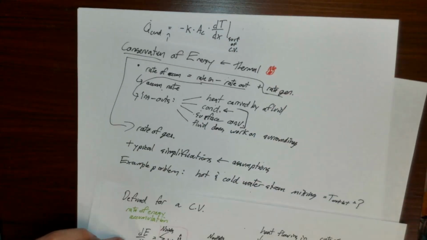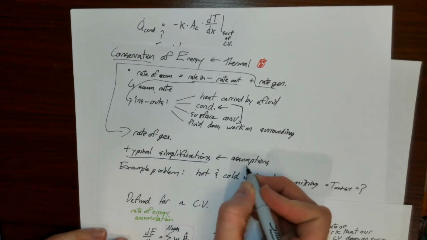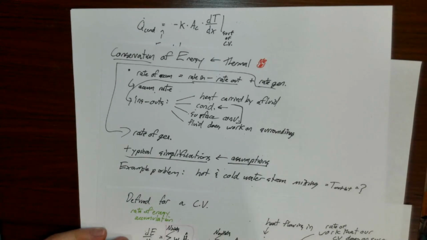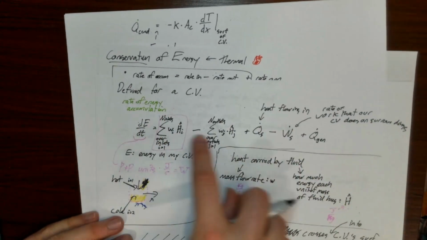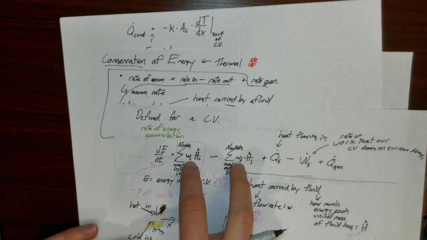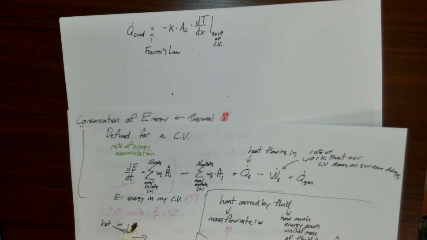So let's talk about typical simplifications that can arise and the assumptions that might give rise to them. I'm going to rewrite this equation here, and then we're going to ask under what conditions we could get rid of some of these terms.